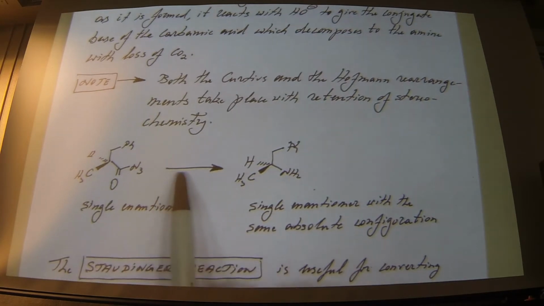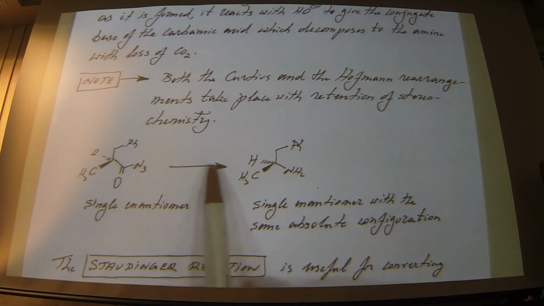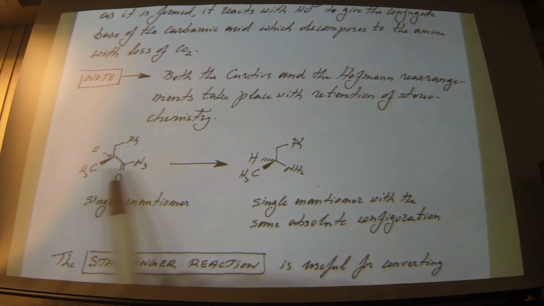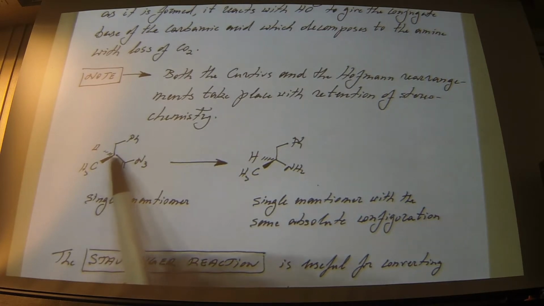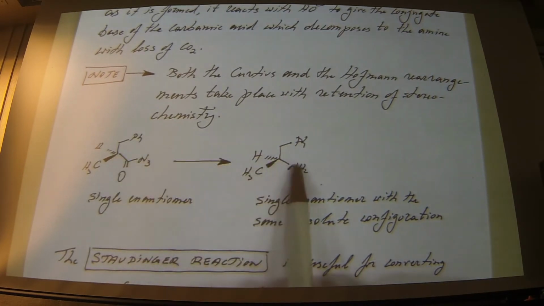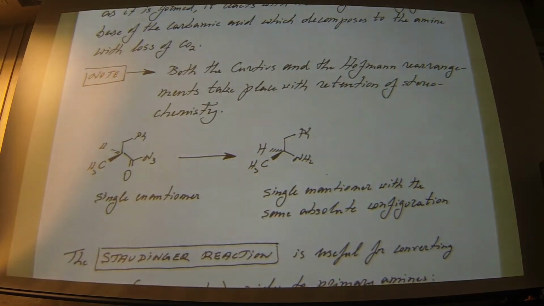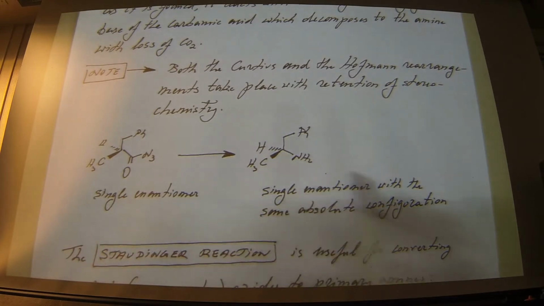Whether you do a Curtius or a Hofmann, if you have a single enantiomer here, then you end up with a single enantiomer of the amine. The only reason that happens is because you don't end up with an intermediate radical, carbanion, or carbocation, which would be planar and which would allow stereochemistry to scramble. And so this is pretty good evidence of the concertedness of the reaction.